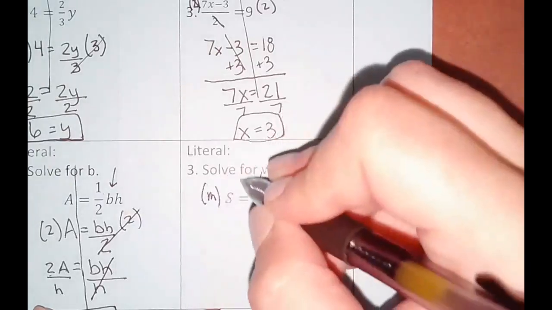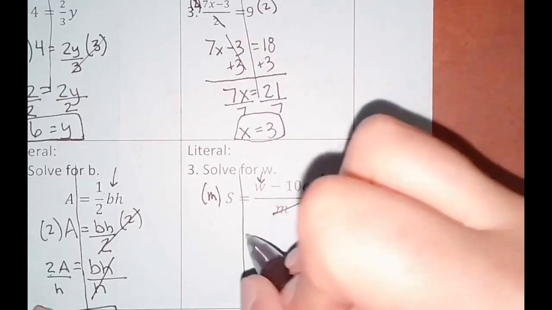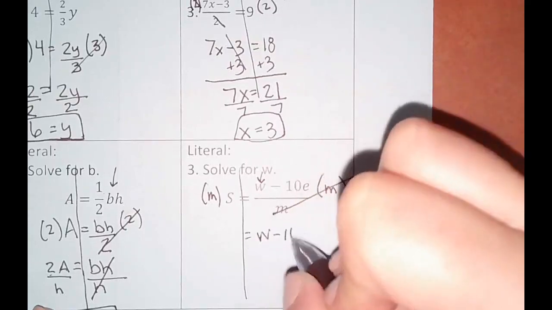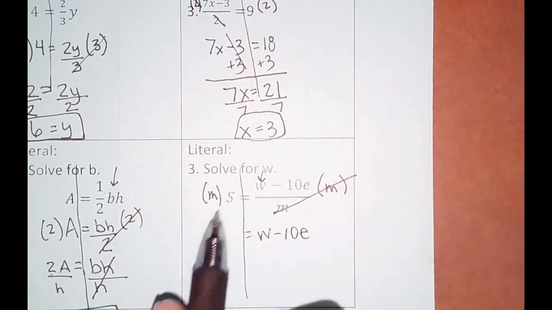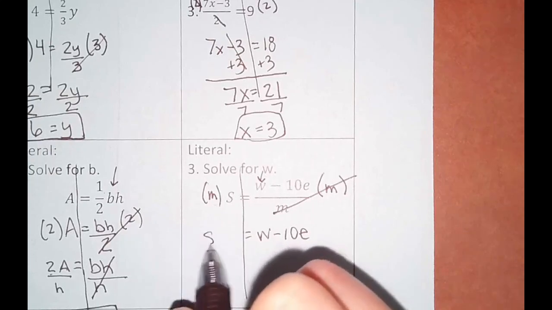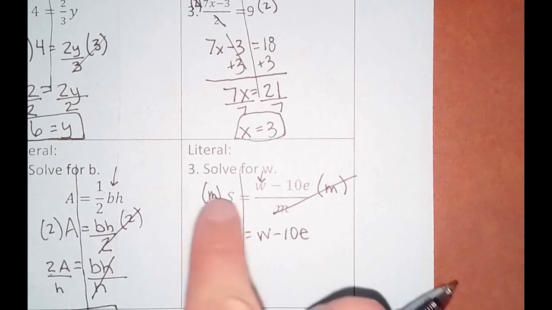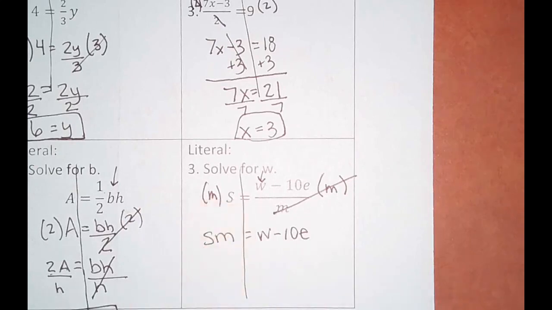Okay, still trying to get w alone, so I get rid of this piece that's not attached to it. Minus 10e, I'm moving the entire term. So because it's minus, I will add 10e to both sides. Sm, I could write sm or ms because this is multiplication, so it can be reversed.